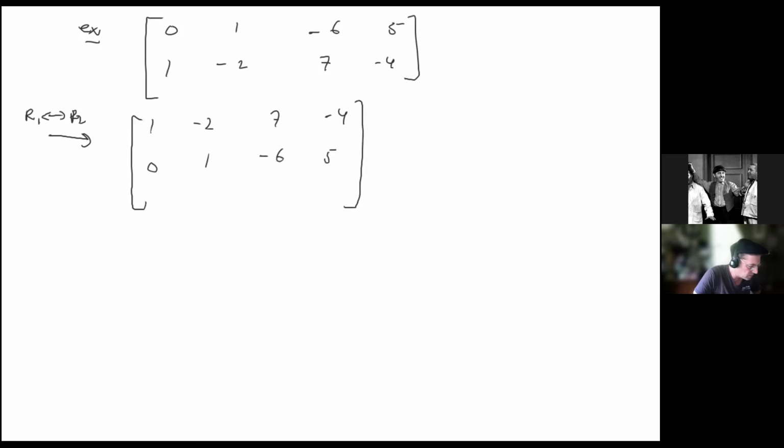Okay, that's pretty simple. Now, it turns out that we can identify this matrix is already in echelon form, just by doing that one operation. And here are the pivot entries.